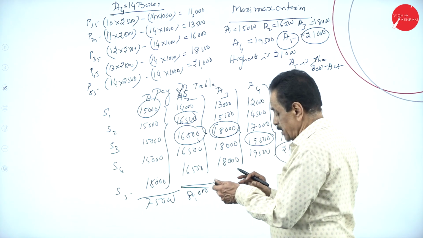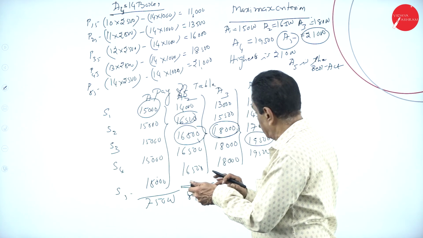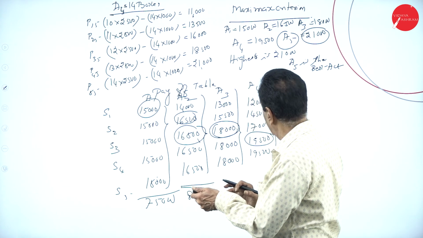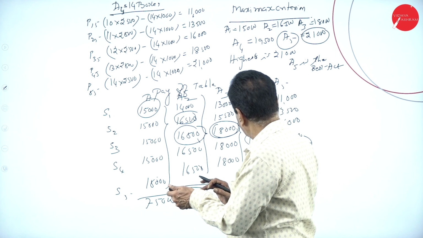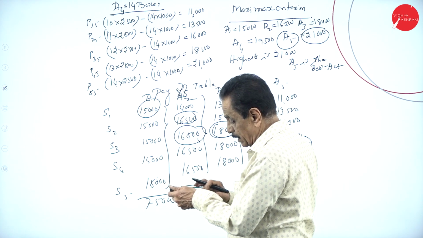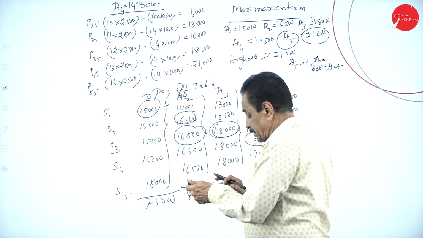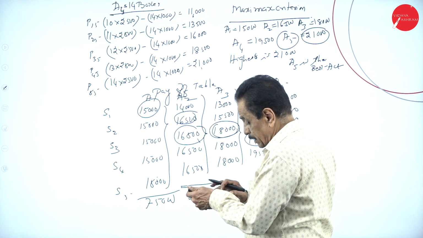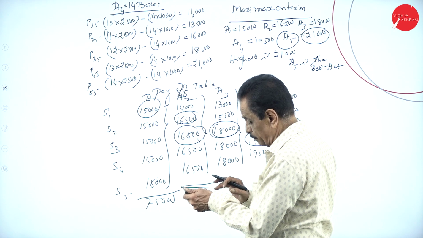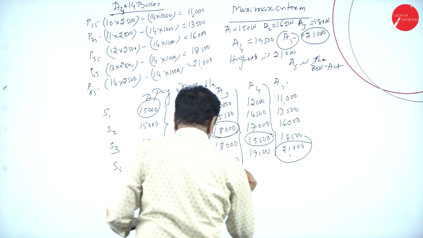Then A3: 13,000 plus 15,500 plus 18,000 plus 18,000 plus 18,000, 82,500.